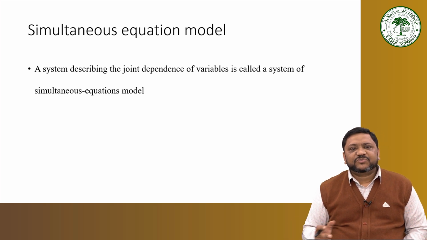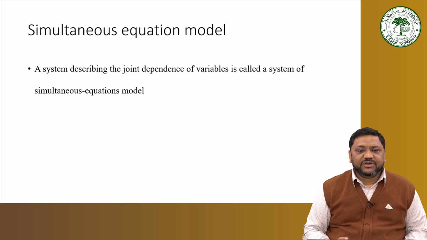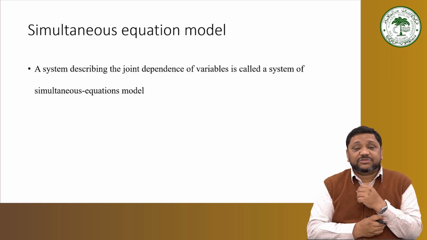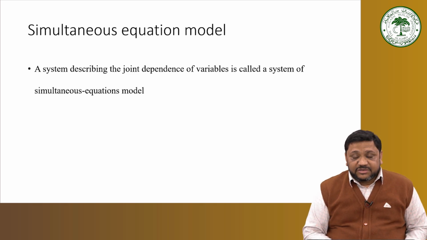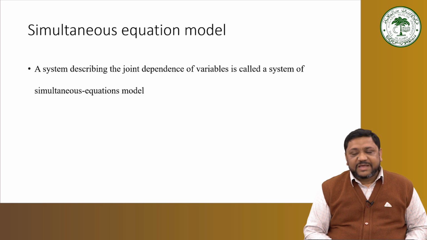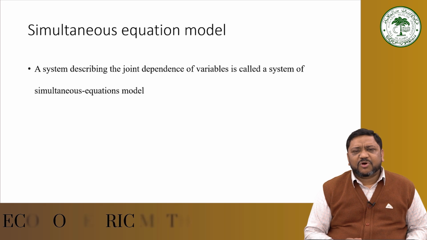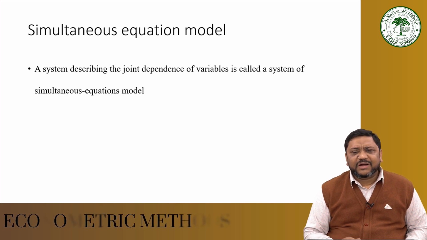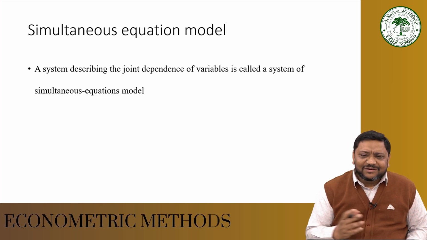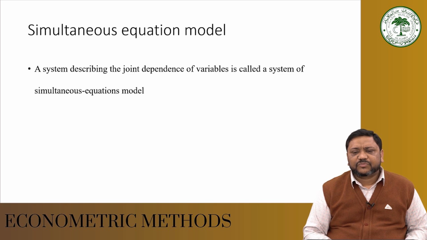It is a system describing the dependence of variables, the joint dependence of variables, and this is what we refer to as a simultaneous equation model. In real-world scenarios, economic variables frequently demonstrate complex interdependencies with concurrent interactions amongst them.